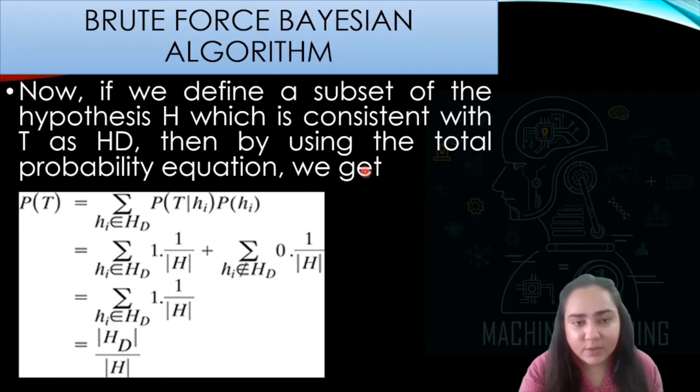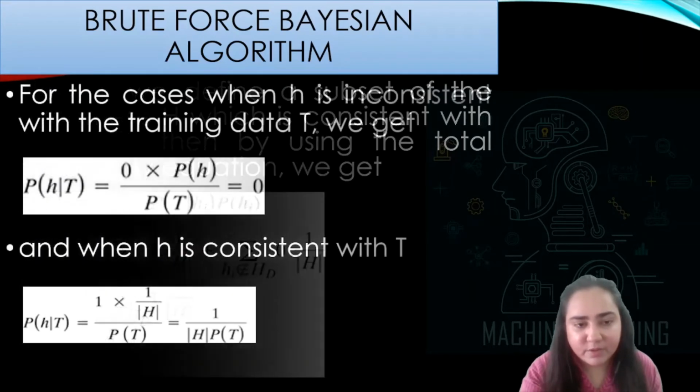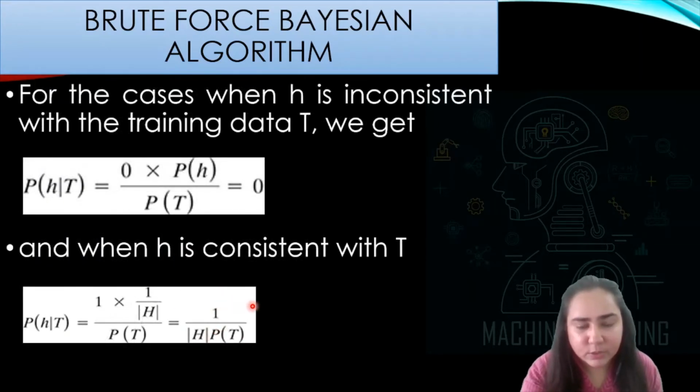And we can calculate the probability by this equation. So what are we doing? We are calculating the probability of each and every h which is present in HD, which we just created. So it is P of T given hi into P of hi, where hi belongs to all the hypotheses present in HD. And of course, you can say that P of T given hi is going to be 1 into 1 by H, which we already saw from our previous equation we derived here, 1 upon H into P of T.